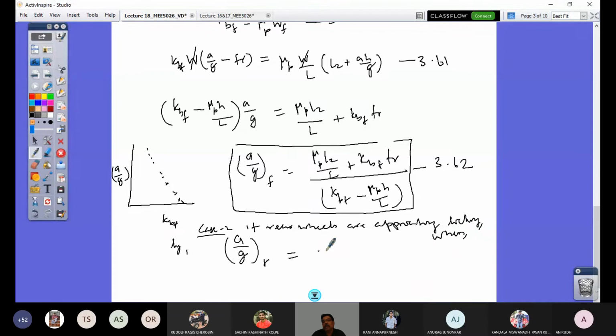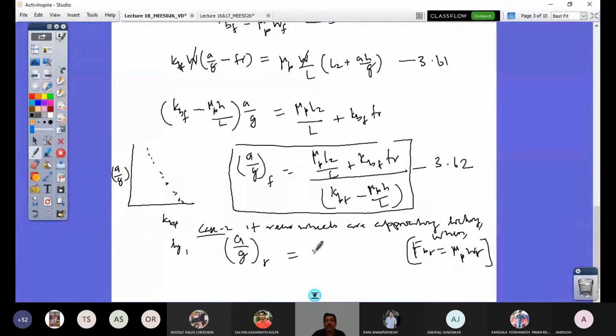When F_BR is equal to μp times W_R. The same way as we discussed, if we continue substituting for F_BF and W_R from equation 3.51, you would end up with a similar expression of A by G_R in terms of K_BF.